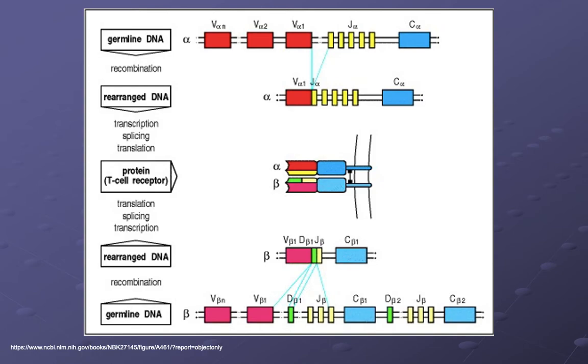So you can see here, rearrangement of these gene segments generates what we call a functional V, D, J beta V region. That exon is now ready to be transcribed and spliced so that it can join to the constant beta gene segment, resulting in an mRNA that, once translated, will produce our mature beta chain.